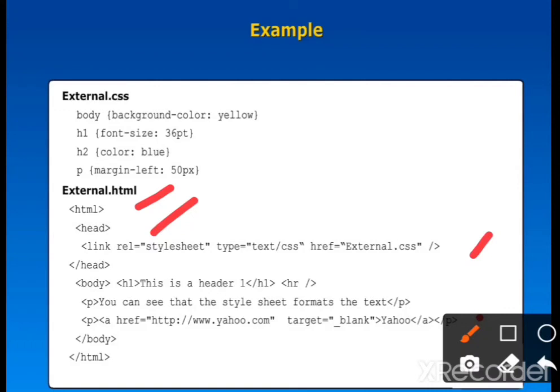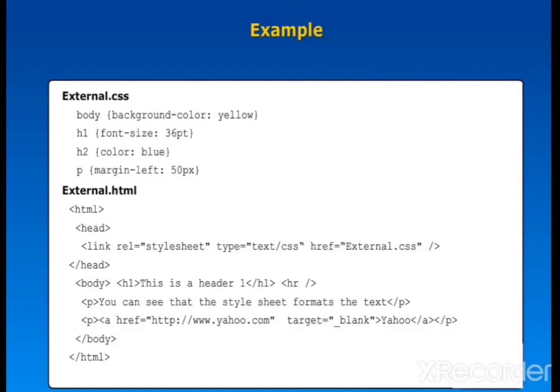Here external means the name given to the CSS file, and it is stored as external.css. Dot CSS is the extension for CSS files, like .doc for document files, right? Whenever we are linking this external CSS, that particular style will be applied for this HTML document.